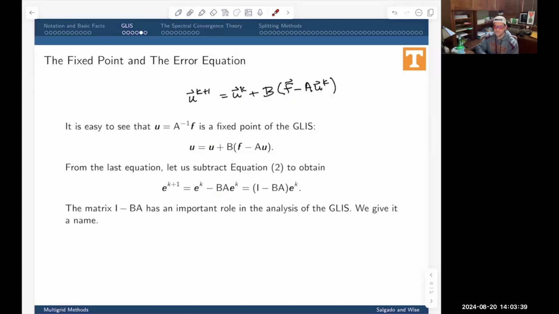You can check that that works. B times F cancels, right? And so I just get this term, which is minus B times A times EK. And I can cluster this together by pulling out, using the distributive property, this vector EK, and I get I minus BA times EK. So in the previous book, that would have been B inverse, but here it's B.